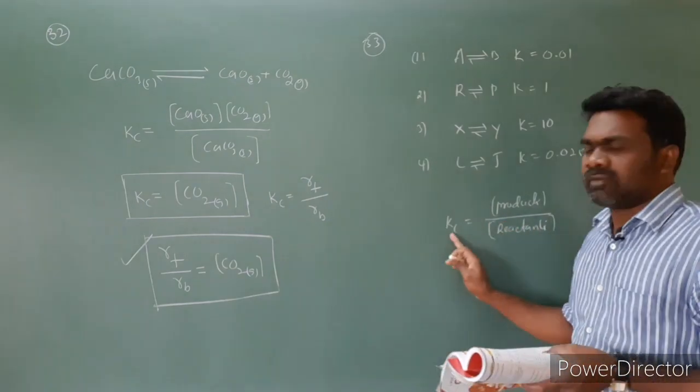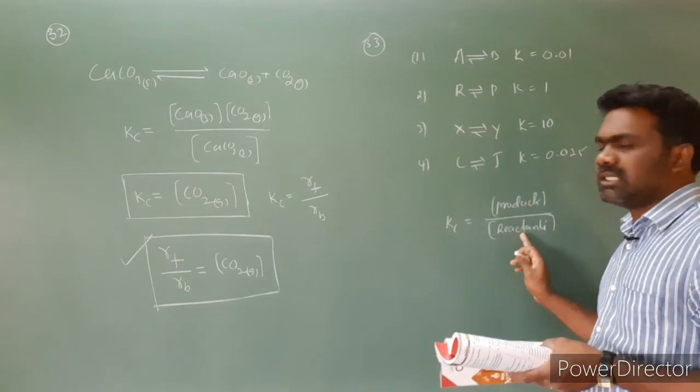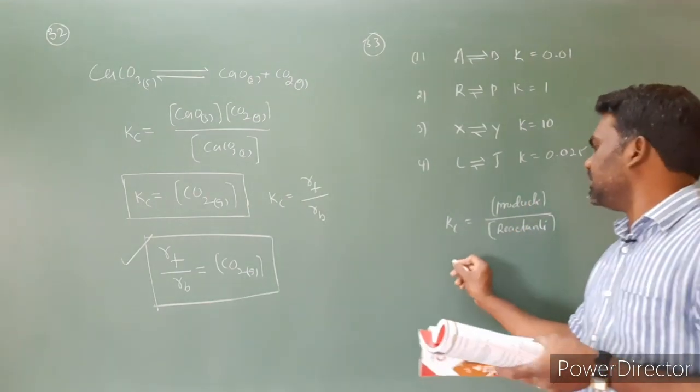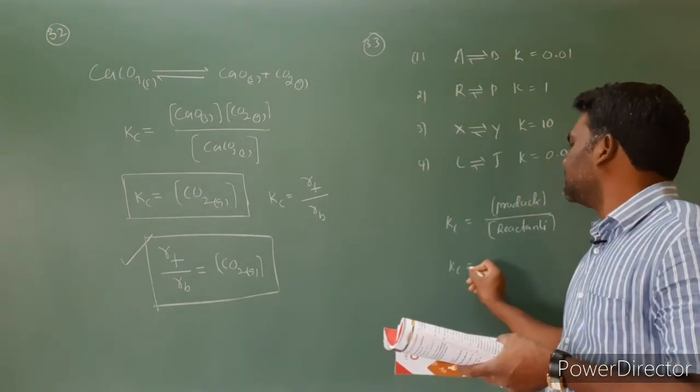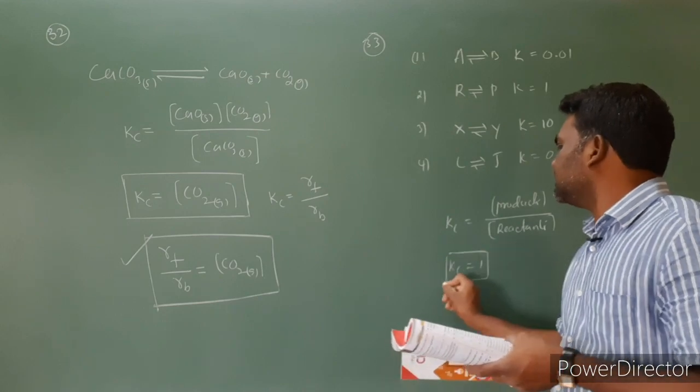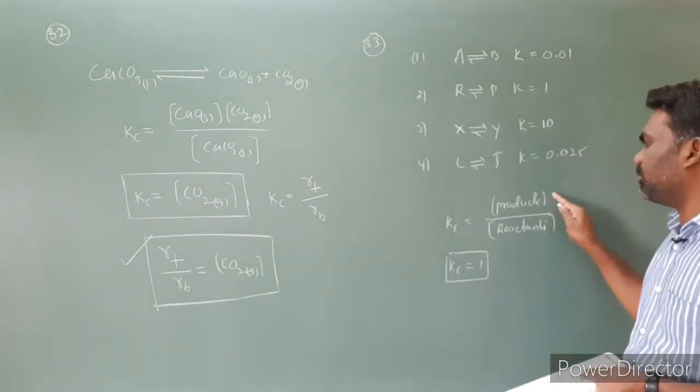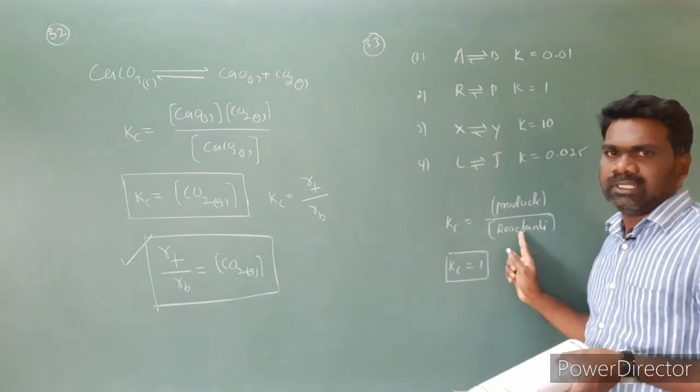So if the concentration of products is equal to the concentration of reactants, then Kc is equal to 1.